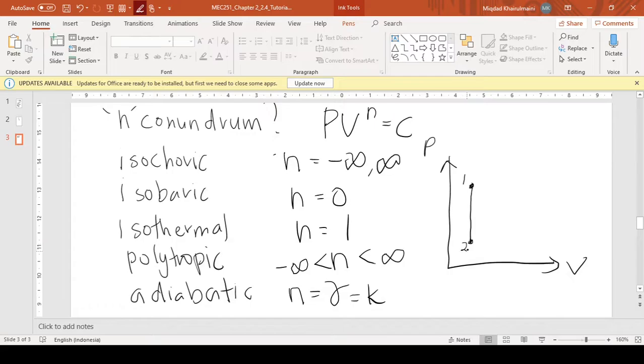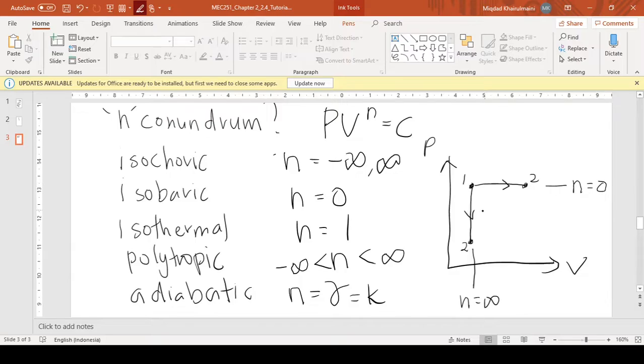So this line corresponds to n equals infinity. For isobaric, constant pressure, the process line for state 2 will go to the right, an expansion process. So this one corresponds to n equals 0.